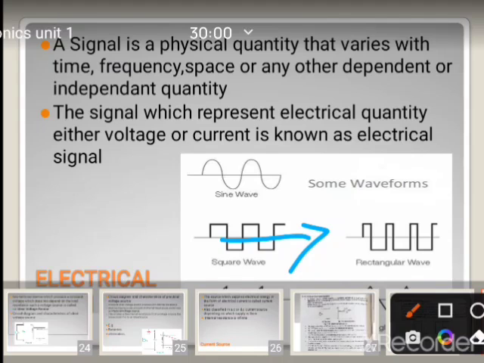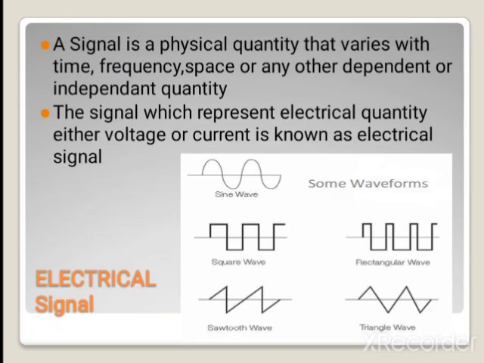It might be time, frequency or space, any quantity. Your signal varies according to that quantity. So this is nothing but your signal. A signal which represents an electrical quantity, either voltage or current, is known as an electrical signal.